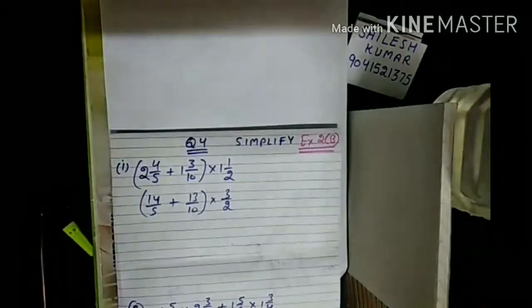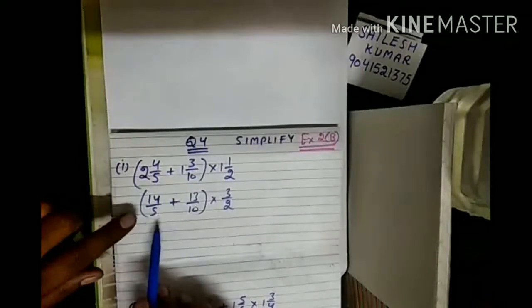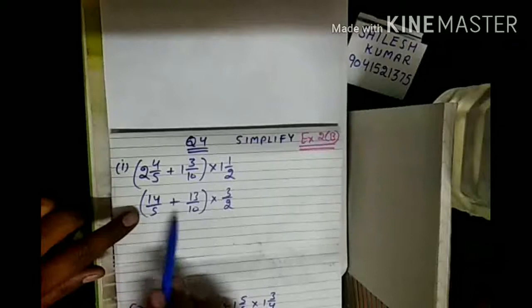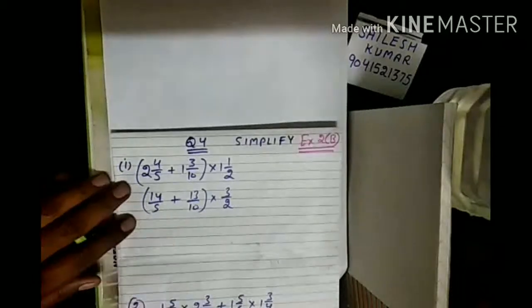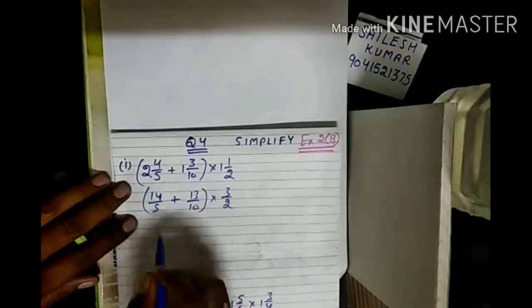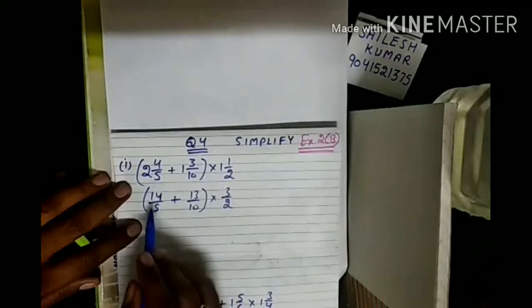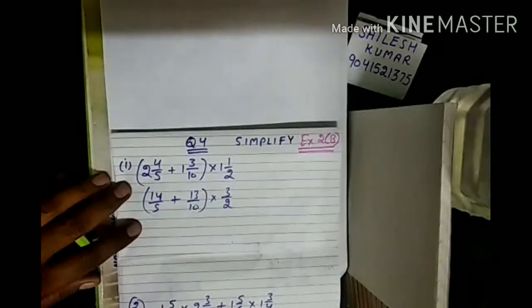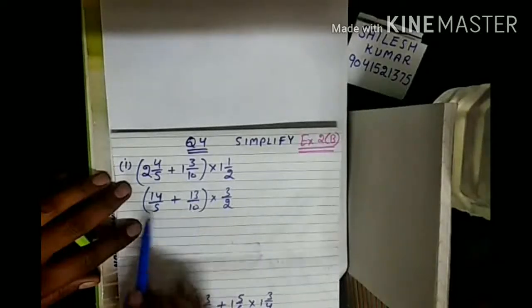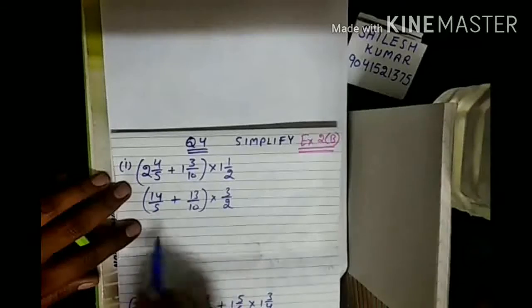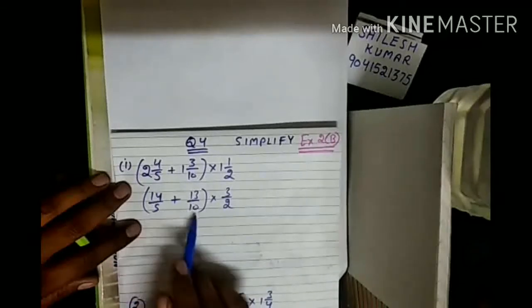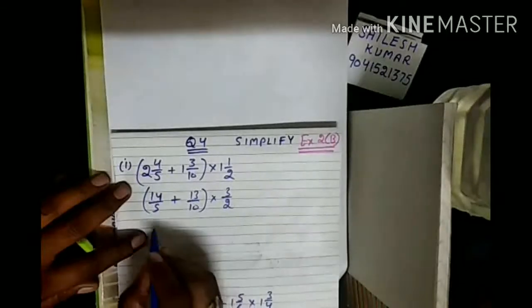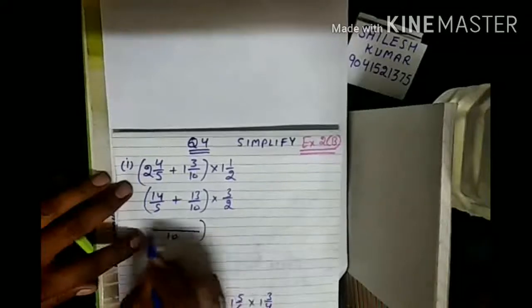Now, first of all, we will solve the operation under the bracket as per the BODMAS rule. Here we take the LCM of 5 and 10. The LCM of 5 and 10 is 10, as we know that 5 is a factor of 10 and 10 is greater.